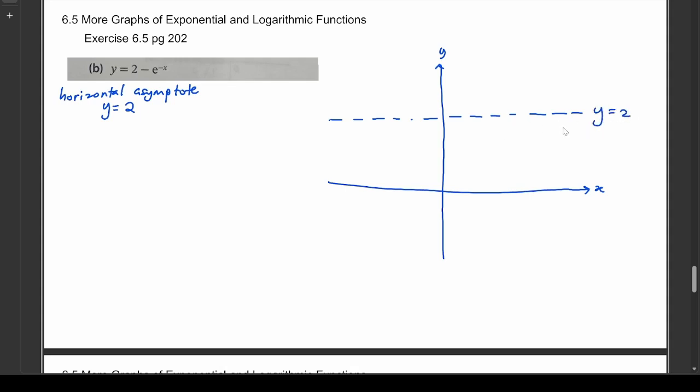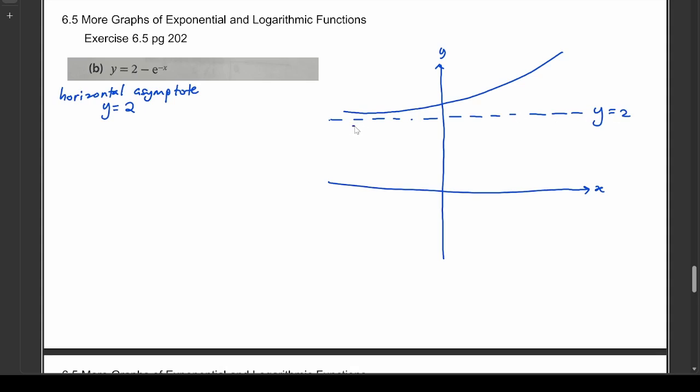Okay, so I'm going to draw the primary graph again for you to see. So the horizontal asymptote is 2. When you start from the primary graph, this is how it looks like, right? Above the asymptote, this is the primary graph. Everything is positive. Then when you have a negative in front, you're going to flip on the x-axis, but here we have to use the asymptote y equals to 2.